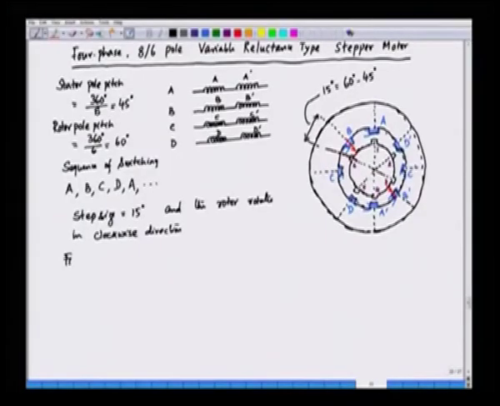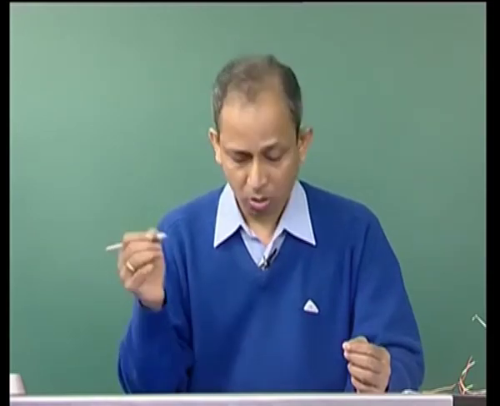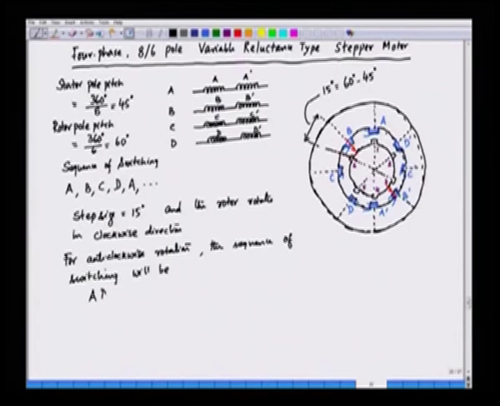For the anti-clockwise rotation, the sequence of switching will be, earlier we had A, B, C, D and A. Now, we will have A, D, C, B and then A and then D and so on.